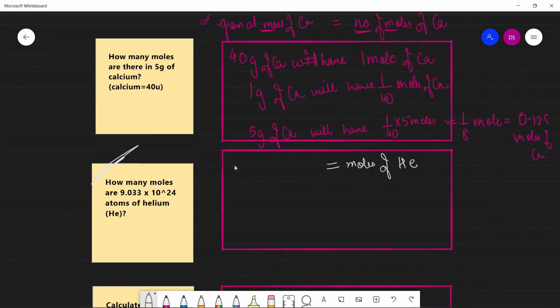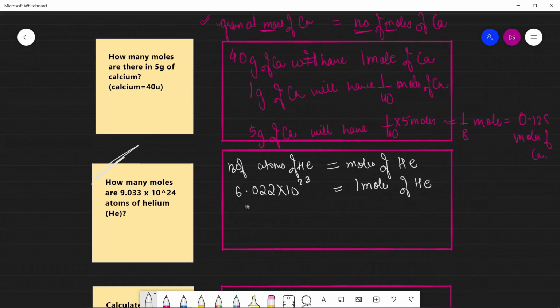And what is given to you? Number of atoms of helium. Now write whatever you know. How many atoms do you know? You know Avogadro number, 6.022 into 10 raised to power 23. How many moles? 1 mole of helium.